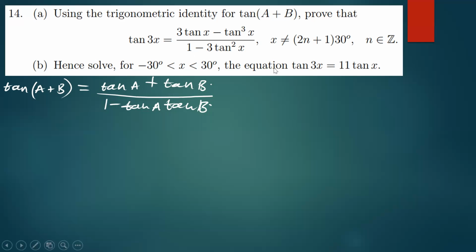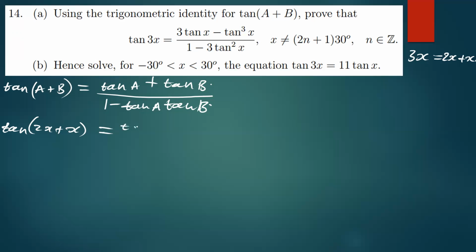So let us quickly see how we can solve tan 3x using this same formula. 3x can also be written as 2x plus x. So I'm going to write tan(2x + x) and put it in the identity.